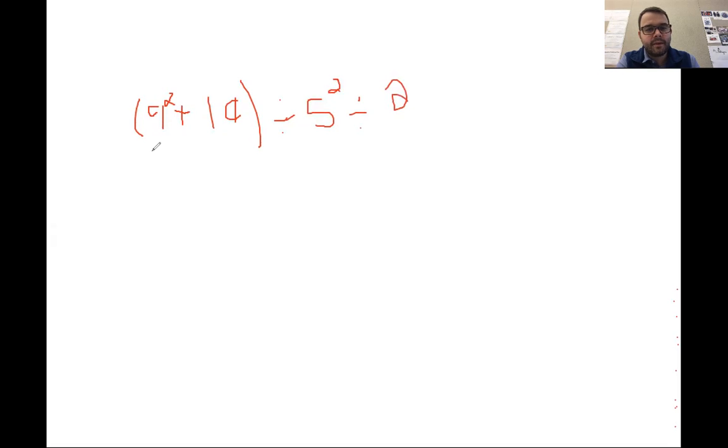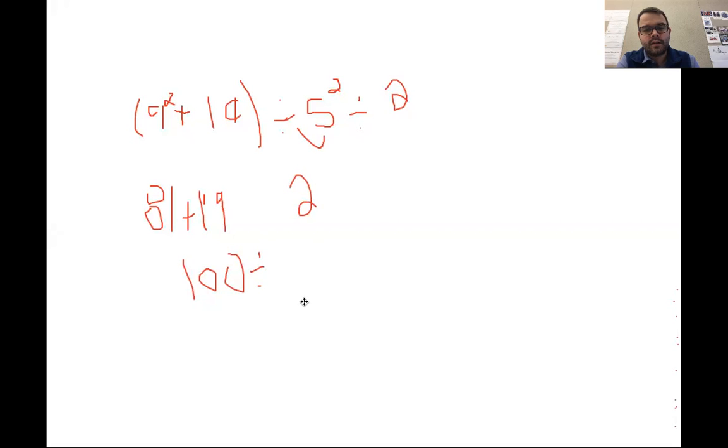So I must evaluate what's in parentheses first. 9 to the second power means 9 times 9, which is 81. 81 plus 19 is, that's a nice number for us, 100. So once I evaluated what's in that, that's 100 divided by 5 to the second power. 5 to the second power is 5 times 5, which is 25.